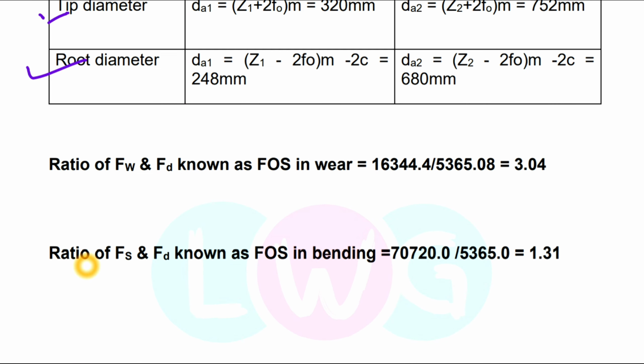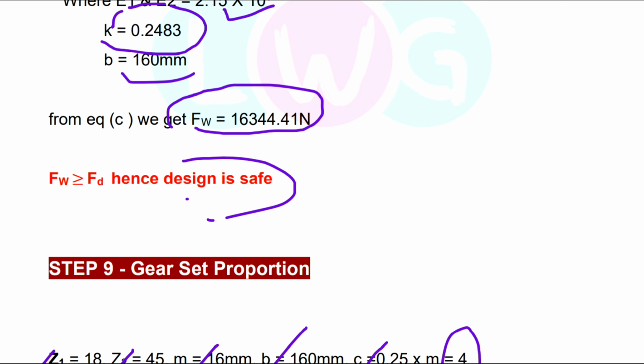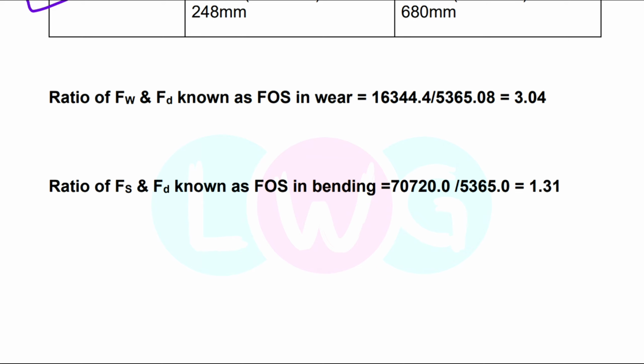Next is the ratio of Fw and Fd, which is known as FOS in wear. With the Fw and Fd values we get 3.04.